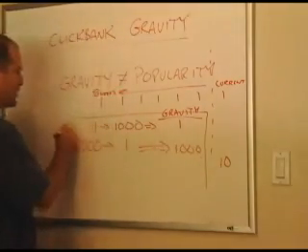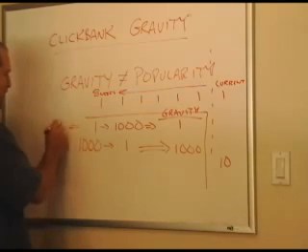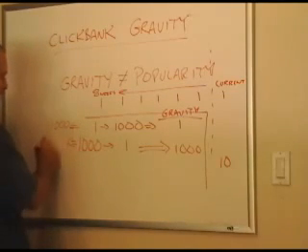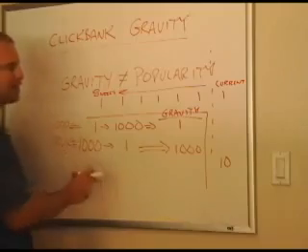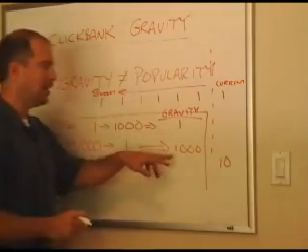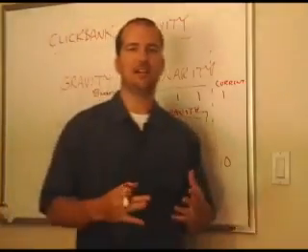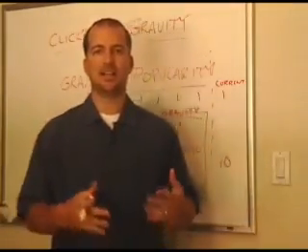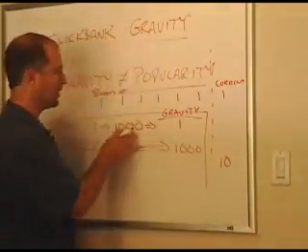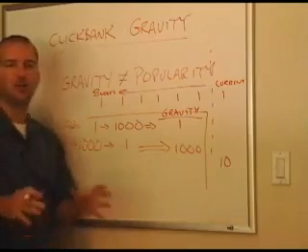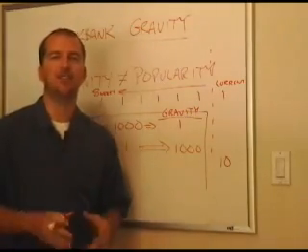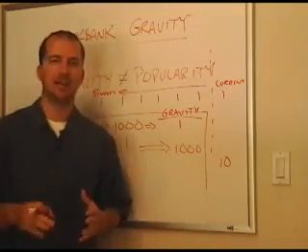They both sold the same number of products, 1,000 products, but one has a gravity of 1 and one has a gravity of 1,000. So we don't really know how many products each affiliate is selling. All we know from Clickbank is the number of unique affiliates that are making sales.